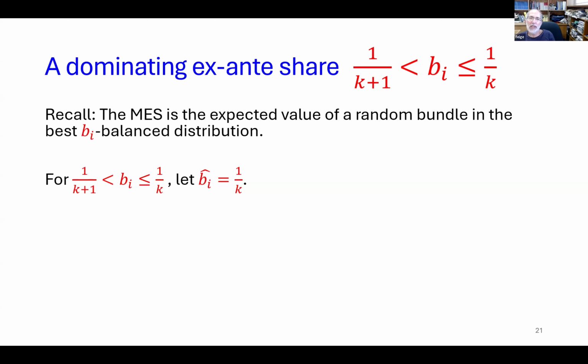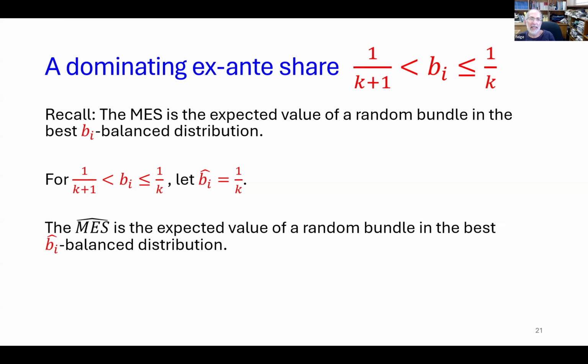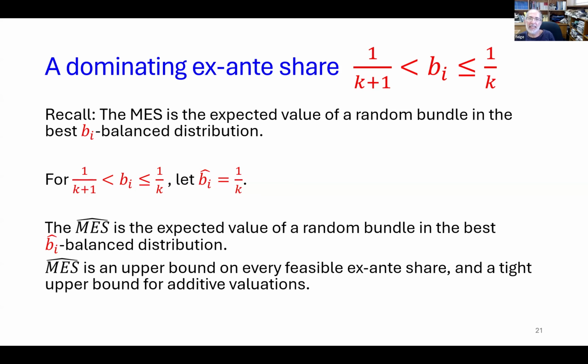So recall the notion of rounding up your entitlement to 1 over an integer. You round it to 1 over k. So the MES hat is the expected value of a random bundle in the best bi hat balanced distribution. And the advantage of this share is that it's an upper bound on every feasible ex ante share. You cannot think of any feasible ex ante share that has higher value than this.